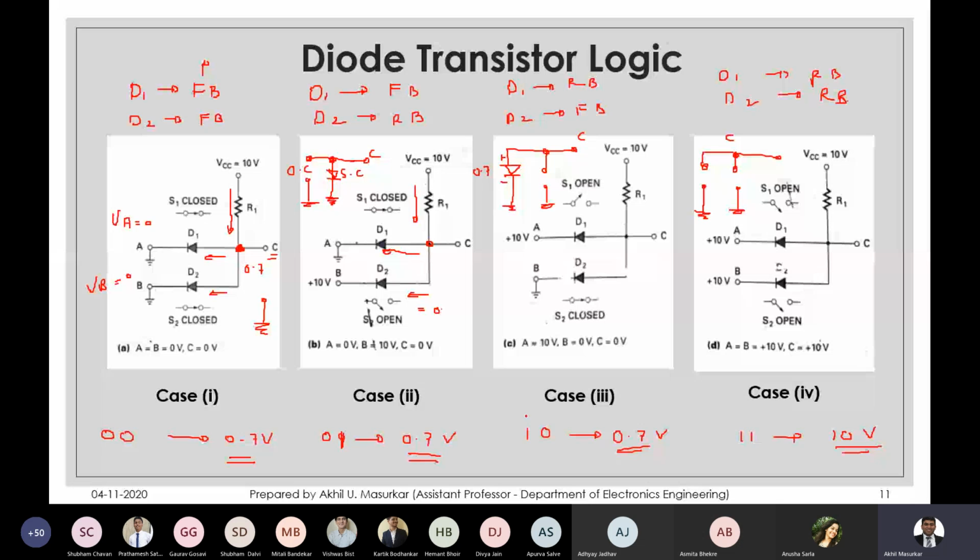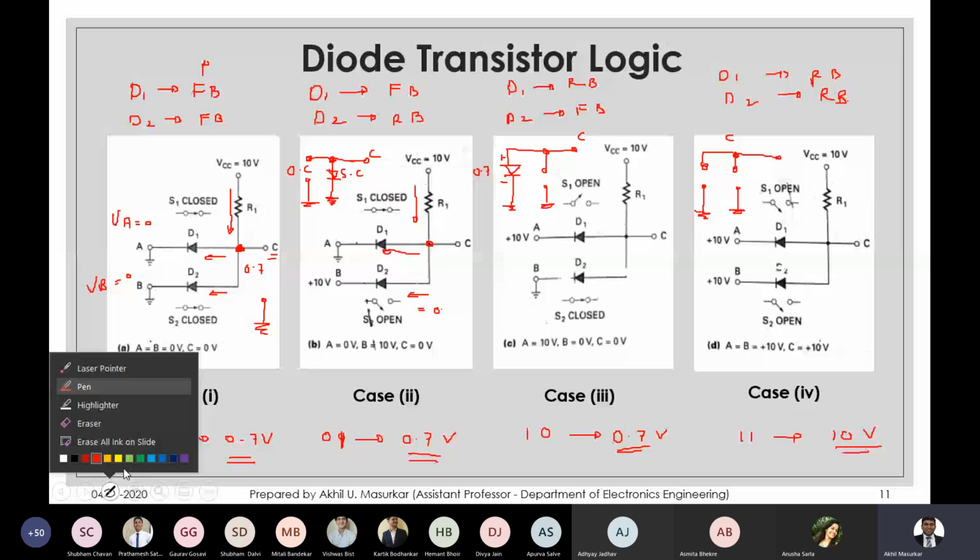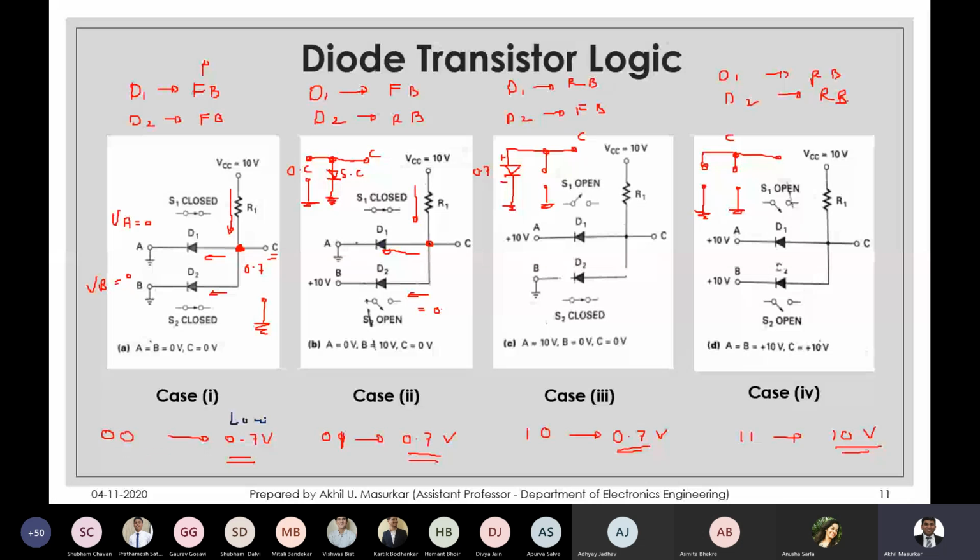So you can see that at this point, this is a low value, this is a low value, this is a low value, and this is a high value. So basically what you get is an AND operation, that is VA, VB: 0 0 1 1, 0 1 0 1.